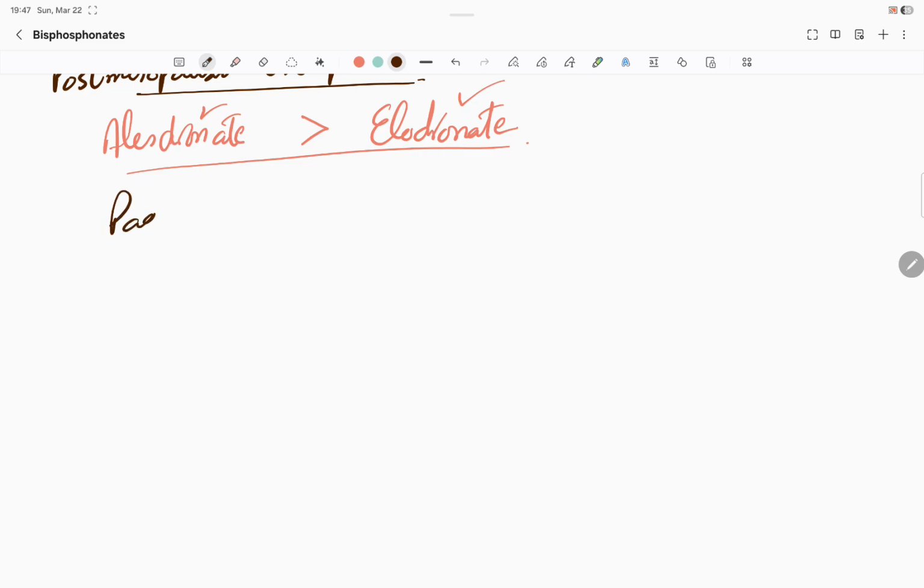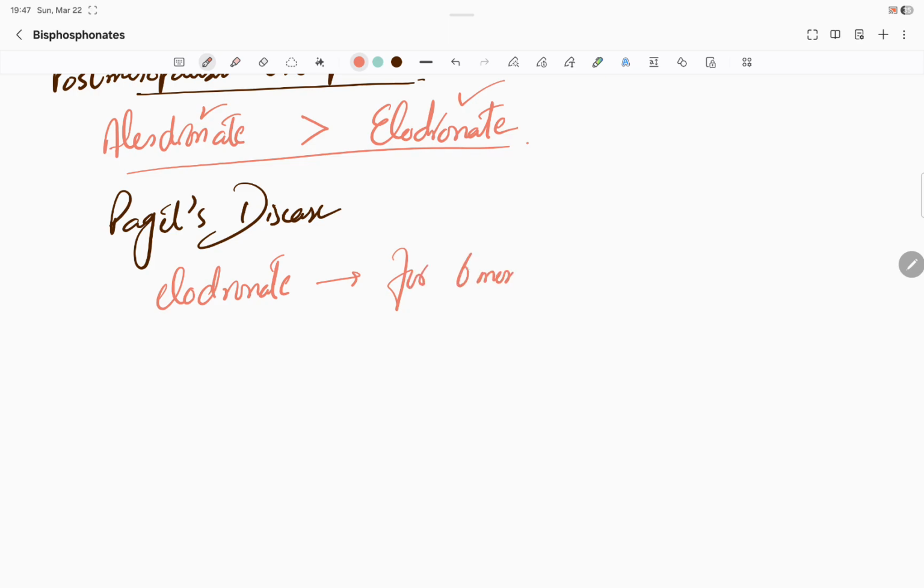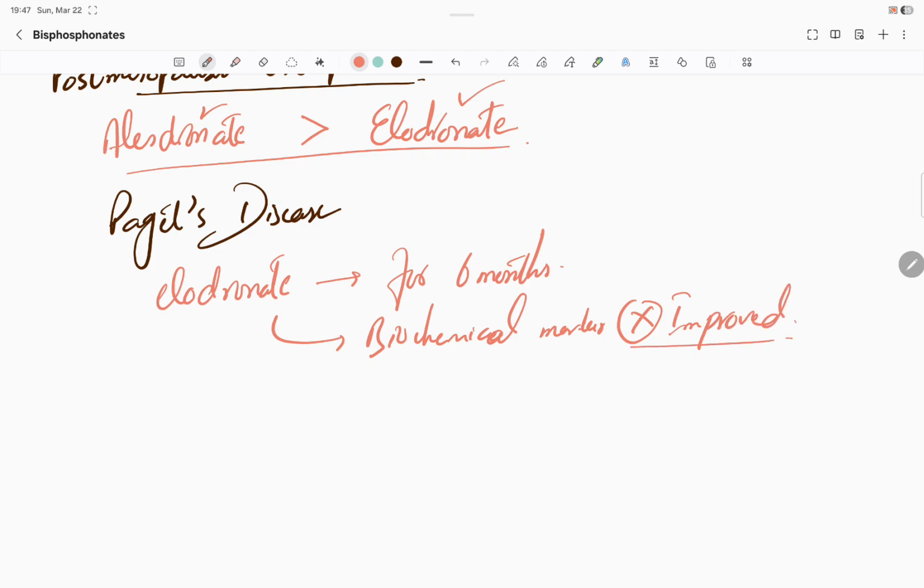If we talk about Paget's disease, then if we talk about etidronate, the treatment should be continued for 6 months, and still biochemical markers cannot be improved, okay.